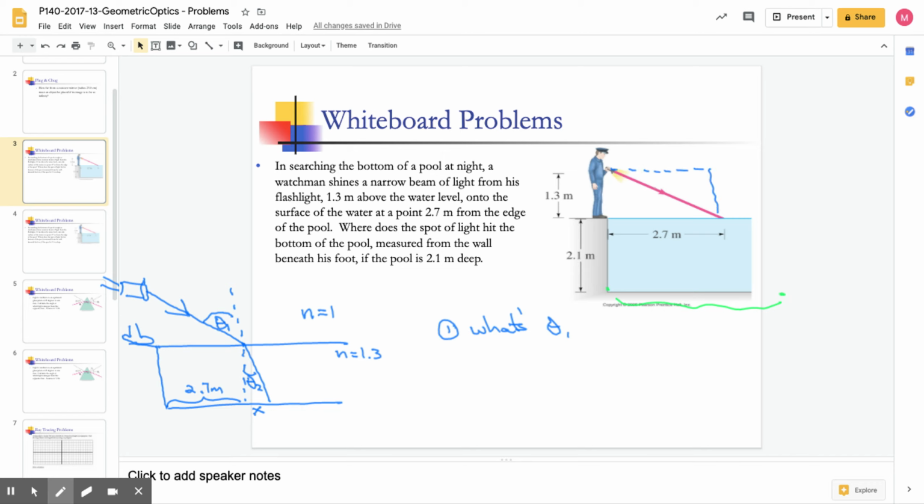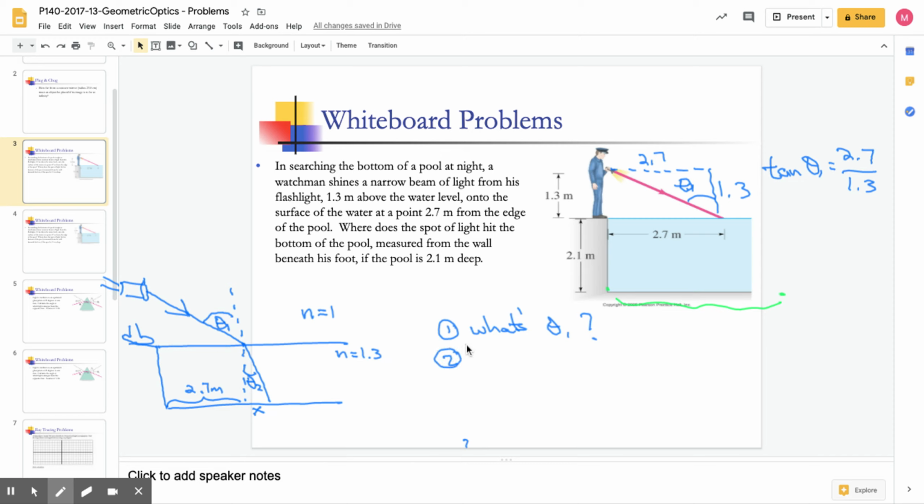I can figure out this angle using tangent: tangent theta is equal to 2.7 over 1.3, and then do inverse tangent to find theta 1.